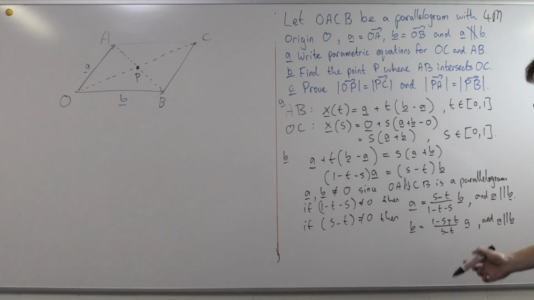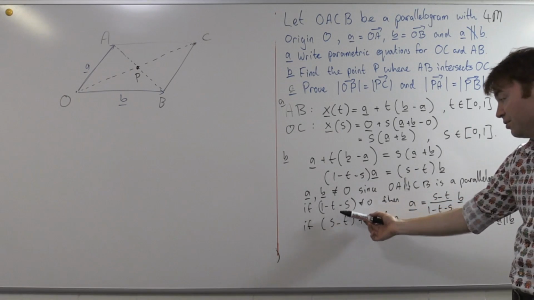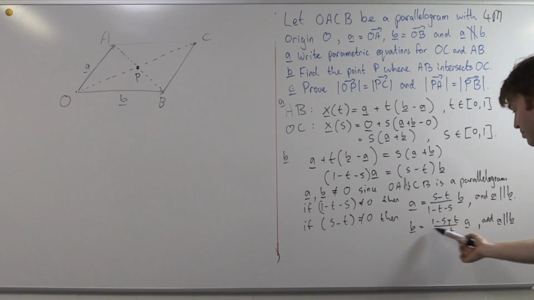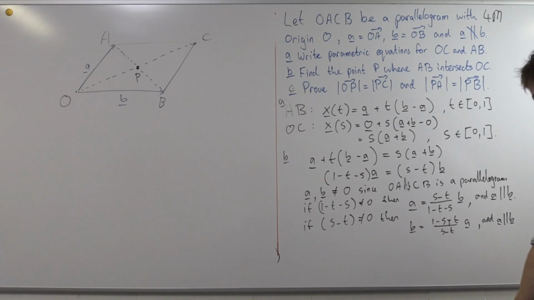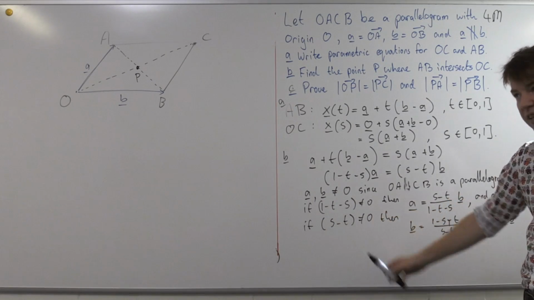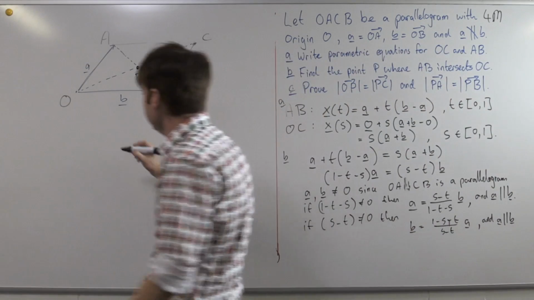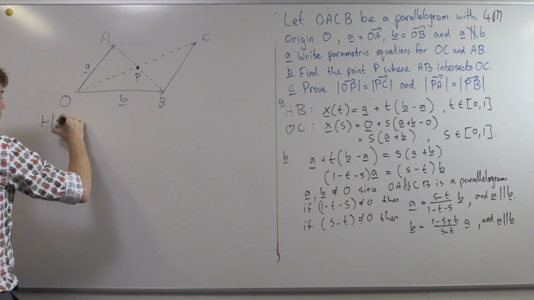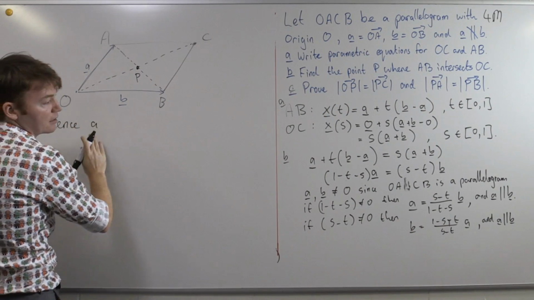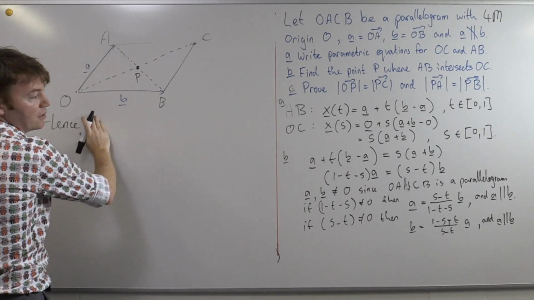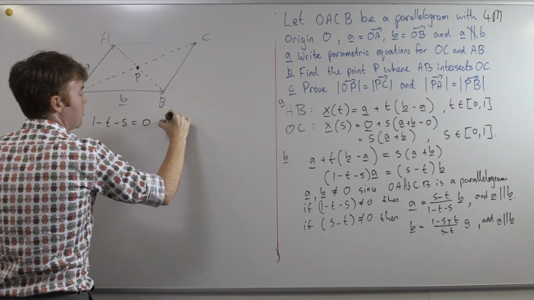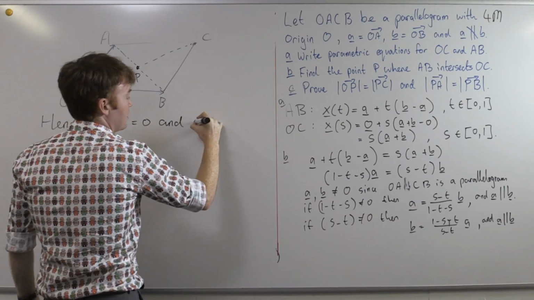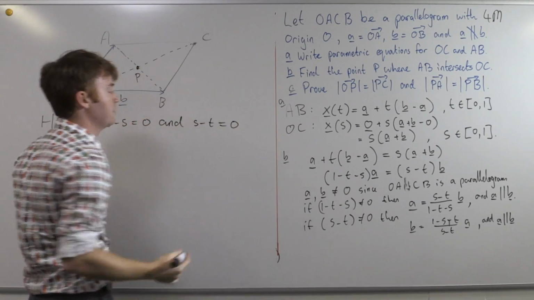Once again, we find ourselves in this scenario where if that's not 0, then we divide by it and express B as a multiple of A. And we're told that B is not a multiple of A. So that must be 0 and that must be 0. Hence 1 minus T minus S equals 0, and S minus T equals 0.